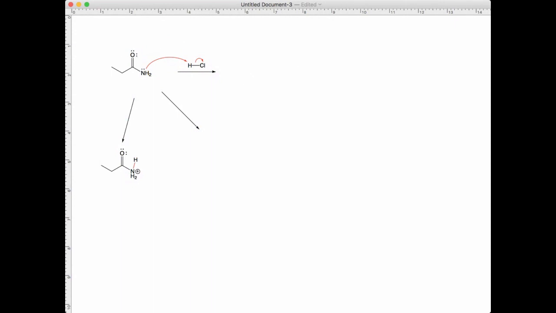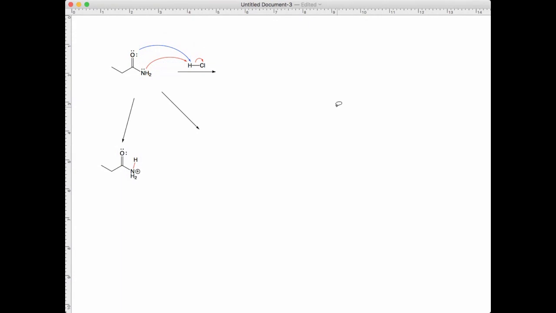Protonation in the carbonylic oxygen, in this case, I color coded blue.